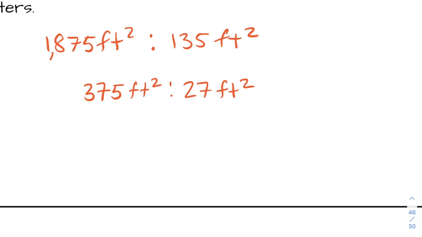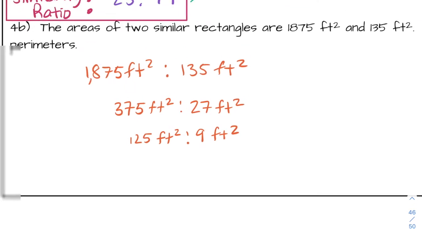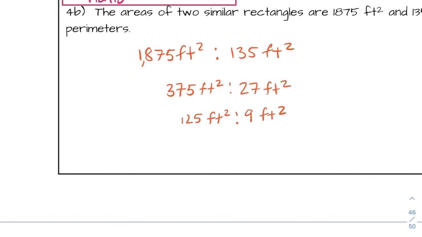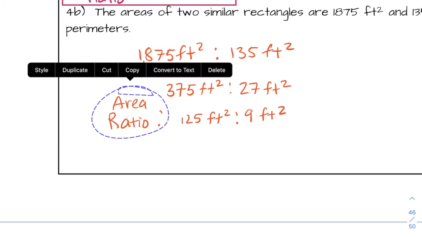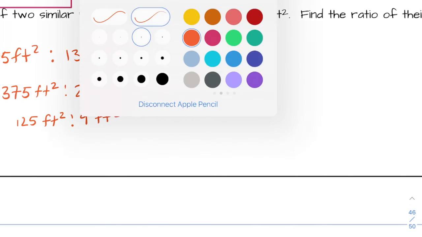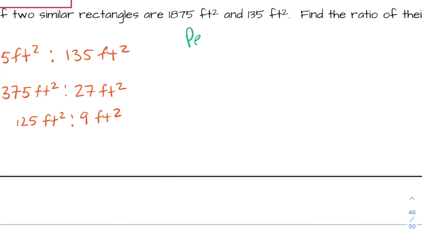So divided by 3 is going to be 125 feet squared to 9 feet squared. Okay, now I can't go any simpler. So this is the area ratio. Now for the perimeter ratio, we're going to find the square root of it.